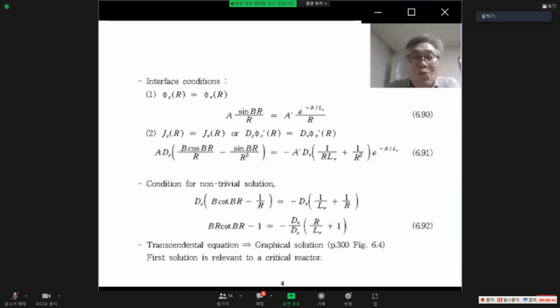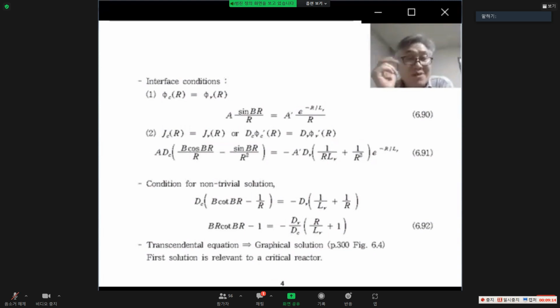Now, when we apply the interface condition, A sine BR divided by R and A prime exponential minus R over L r divided by R, that gives 6.90, the continuous condition. And for J, we should differentiate the flux.